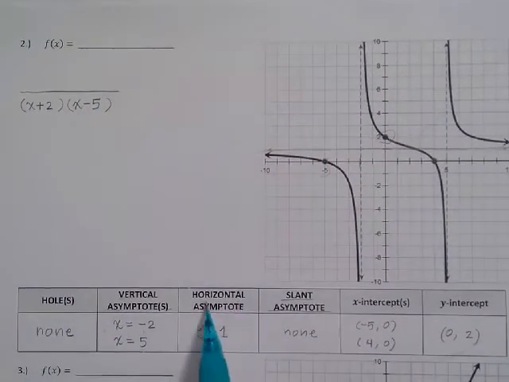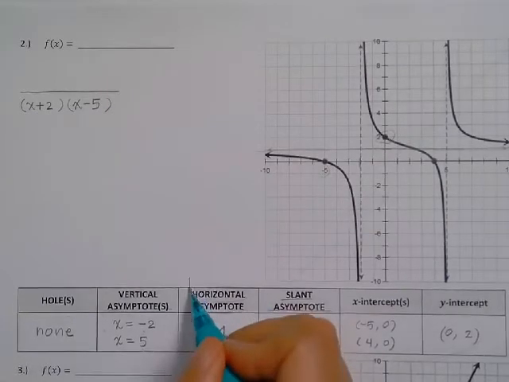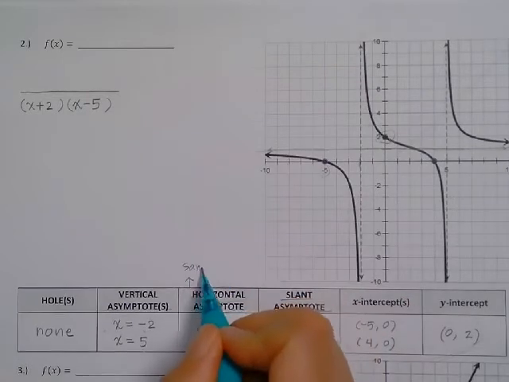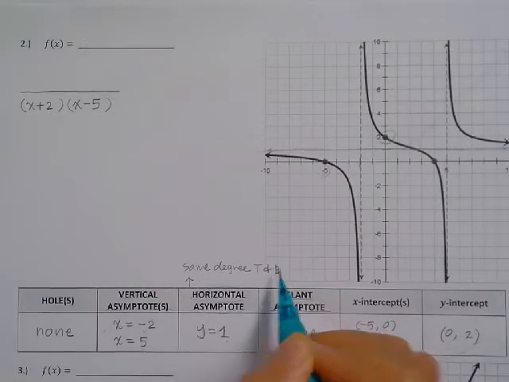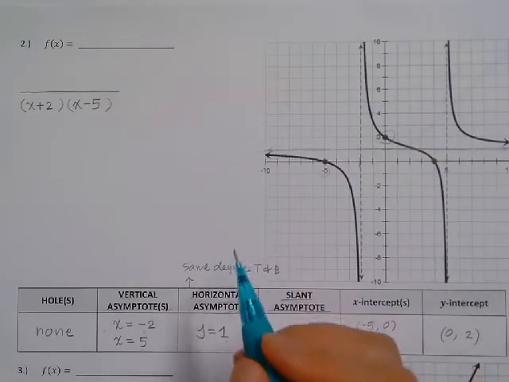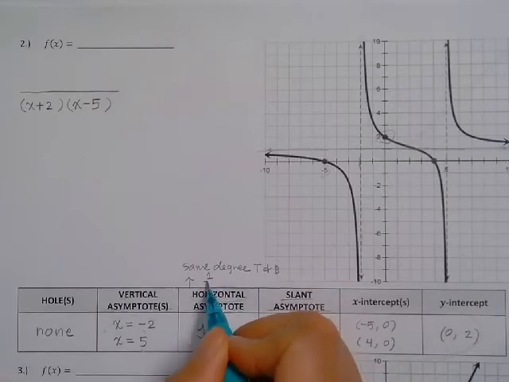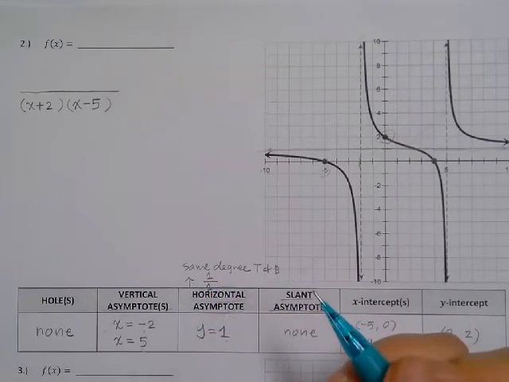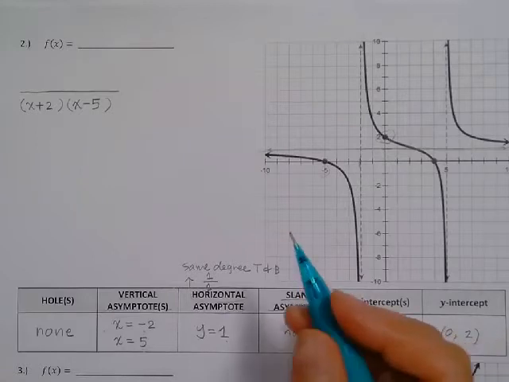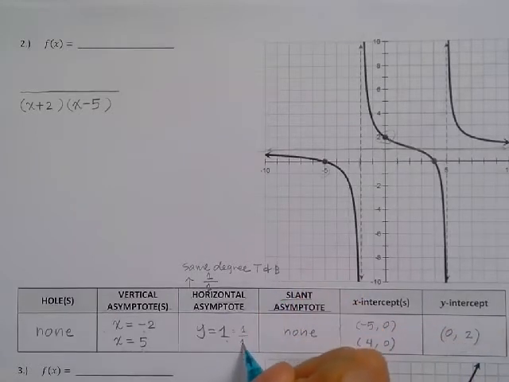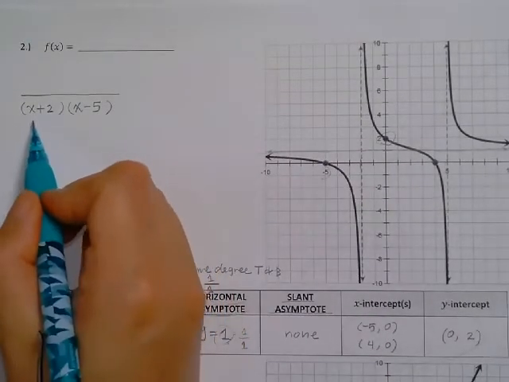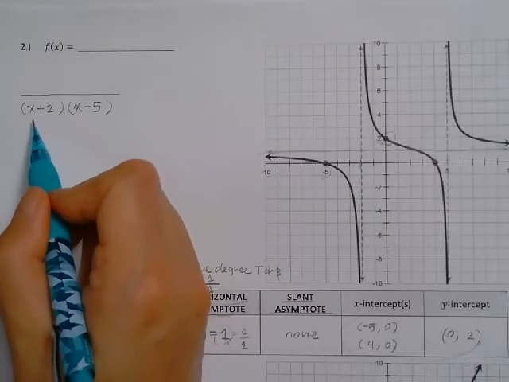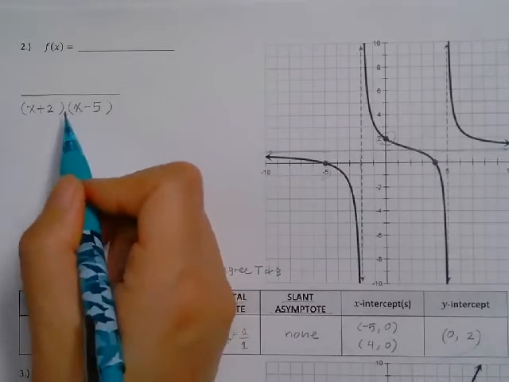Now, the horizontal asymptote is also y equals 1. This tells you the same degree, top and bottom, and the leading coefficient from the top over the leading coefficient from the bottom is 1 over 1, which makes 1. So let's observe what degree the denominator would have.